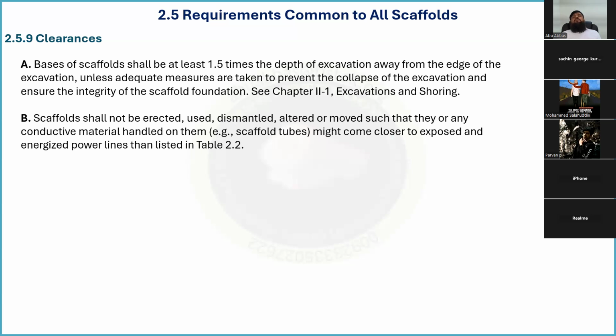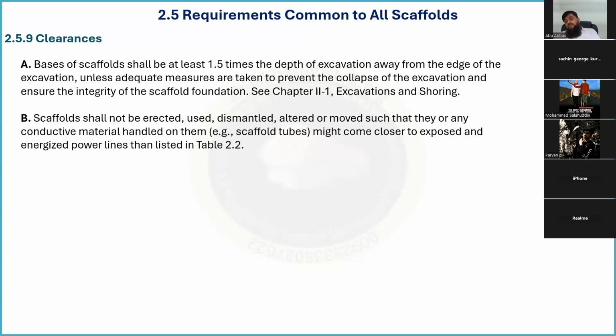I saw a case study somewhere in an English-speaking country, maybe in the US, I think it was. The scaffolding people made it with care, maintaining the distance. But later on, the group which was going to work on that scaffold was supposed to handle a metal pipe.